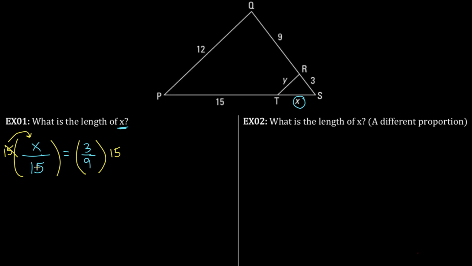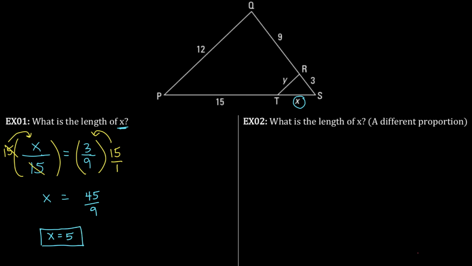Then x equals 15 times 3, which is 45, over 9. So we get x equals 5.